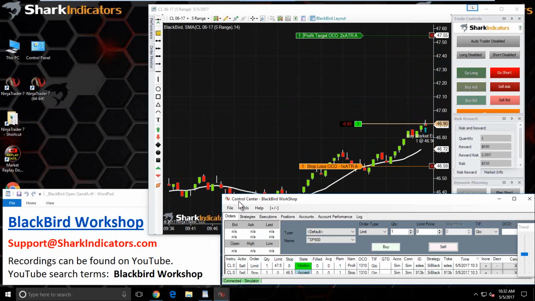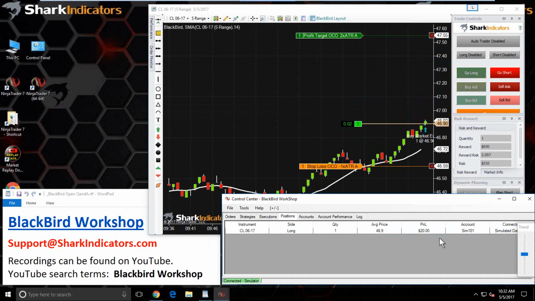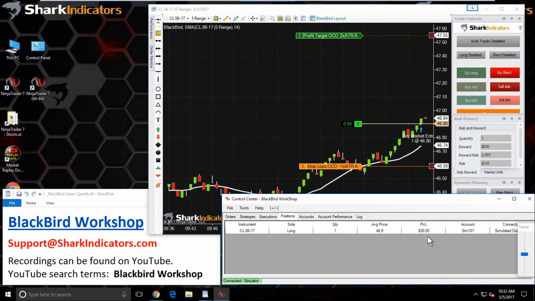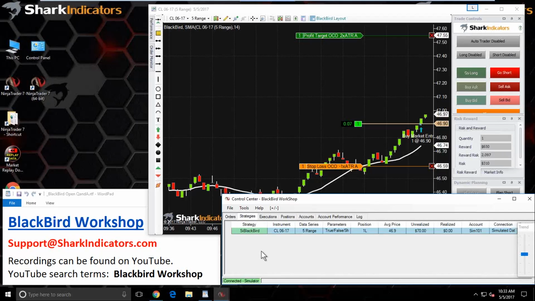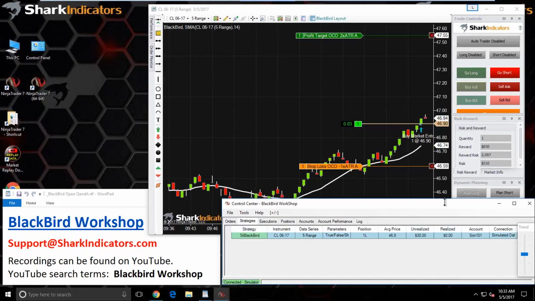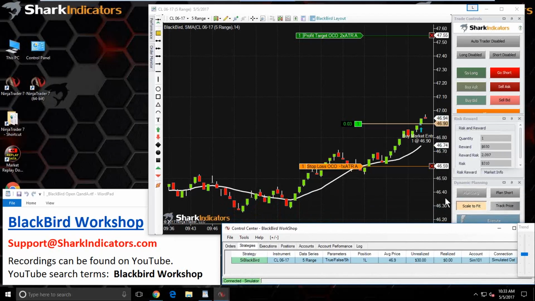All right, and if we go to NinjaTrader and look at our position, on the positions tab we can see this is showing us unrealized. Let's see if I can find something with both here. Here we go. Under the strategies tab, we have unrealized and then we have realized.